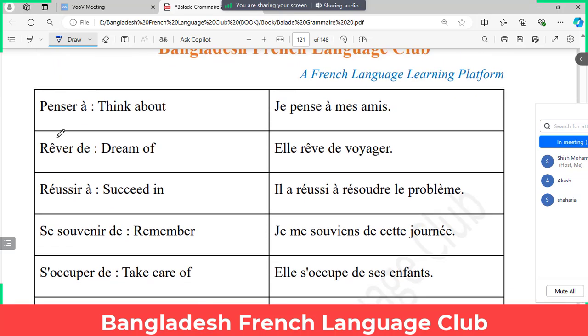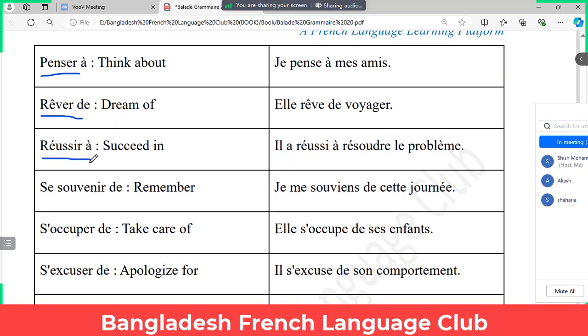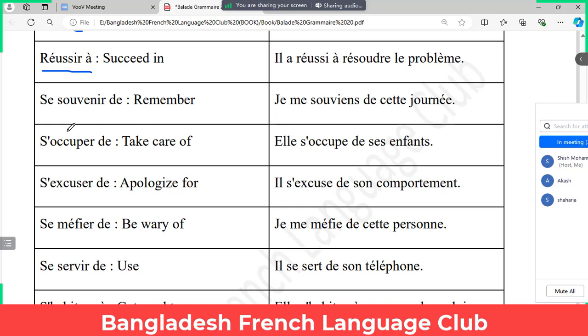Then penser à. Rêver de. Dream of. Réussir à. Succeeding. So souvenir, se souvenir de means remember.